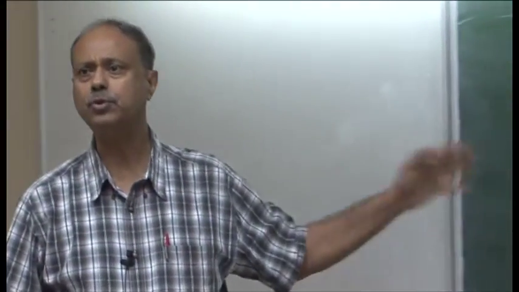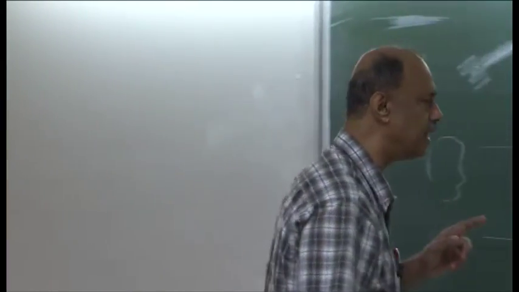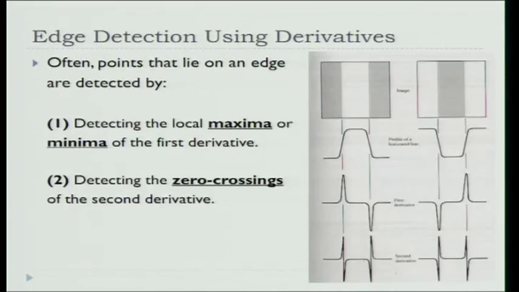So, these are the 4 steps involved in it. First one is smoothing, second one enhancement, third is thresholding, and fourth is localization. The edge point can be determined either by the local maxima or minima of the first derivative, or through zero crossing, right.